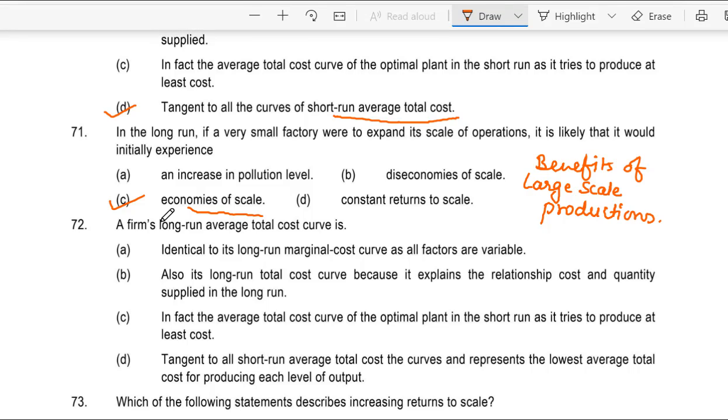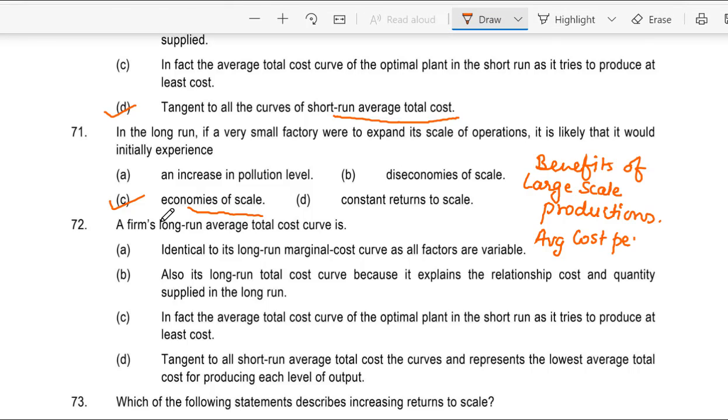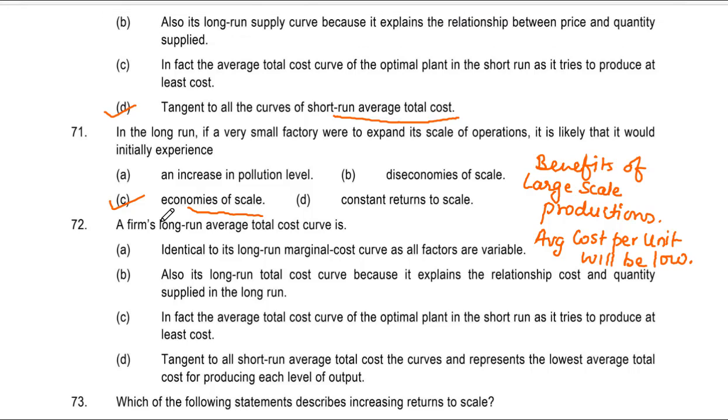What are the benefits of large scale production? The average cost per unit will be low. That leads to cost saving.